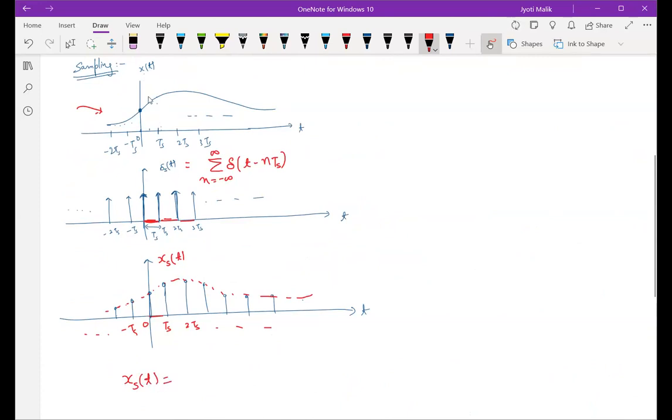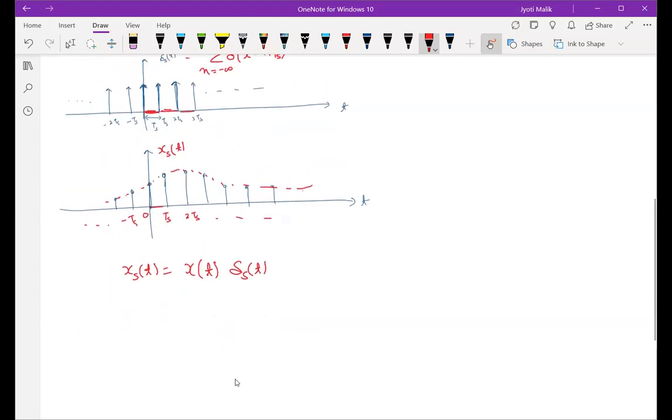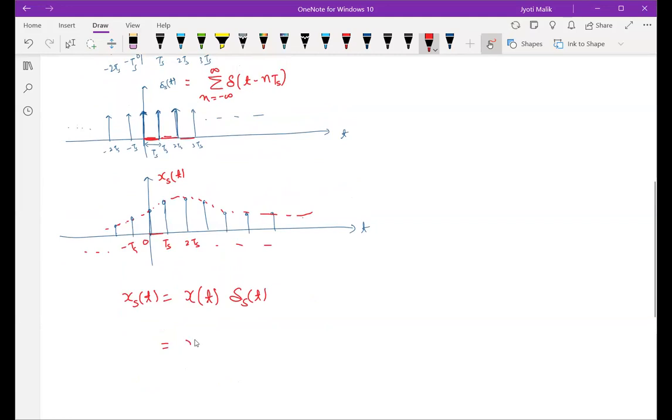It was the multiplication of these two things: x of t multiplied with delta s of t. And when you multiplied, what did you get? x of t multiplied with the summation of delta t minus nts, n from -infinity to infinity. When you take it inside, it was something like x of t into delta t minus nts.